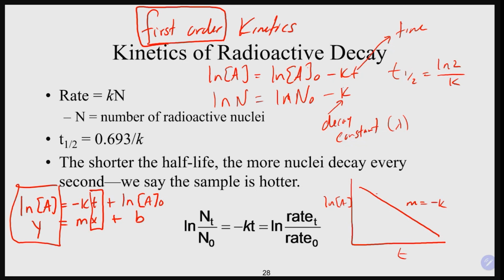You could also use rates of radioactive decay, like counts per minute. By the way, this first A is the final concentration, this A naught is the initial concentration, and again, the K is our decay constant.